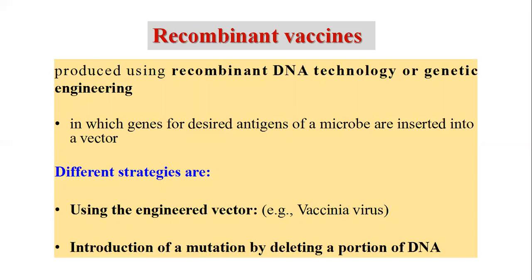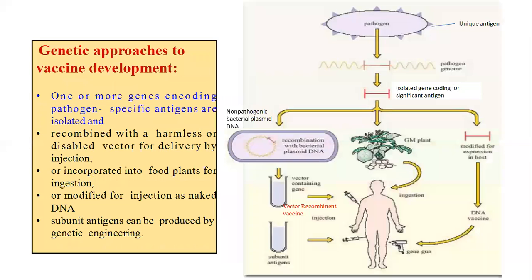Different strategies are taken for the production of recombinant vaccines, either by using an engineered vector, say vaccinia virus, or else by introduction of a mutation by addition or deletion of a portion of DNA. These are the strategies taken for the production of recombinant vaccines.